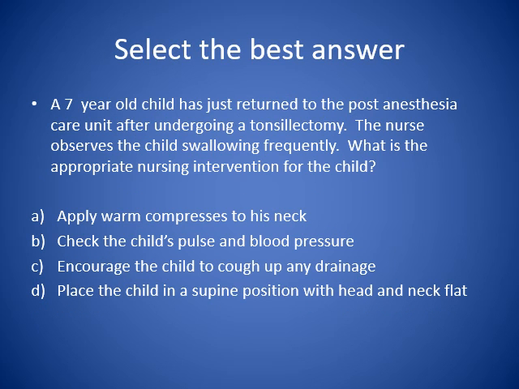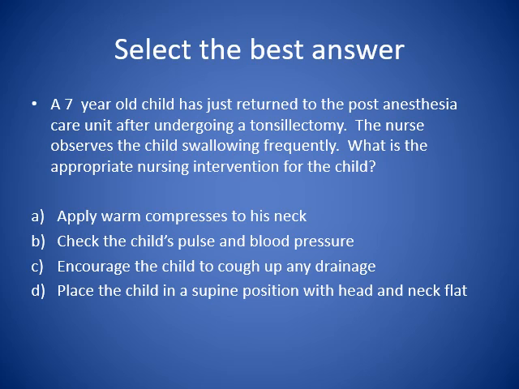So a 7-year-old child has just returned to the post-anesthesia care unit after undergoing a tonsillectomy. The nurse observes the child swallowing frequently. What is the appropriate nursing intervention for the child? A. Apply warm compresses to his neck. B. Check the child's pulse and blood pressure.